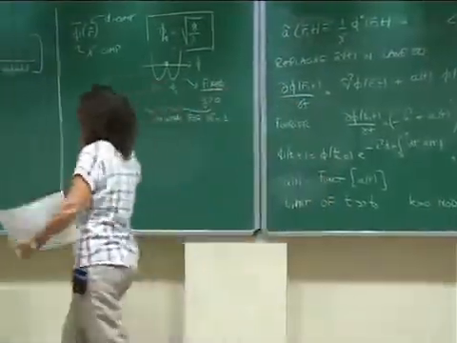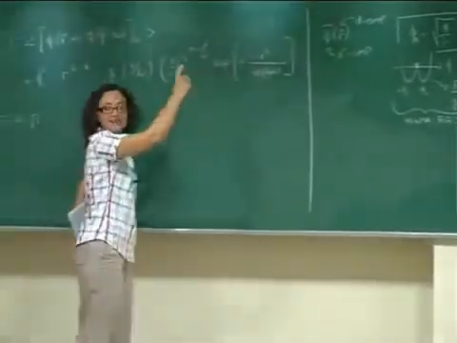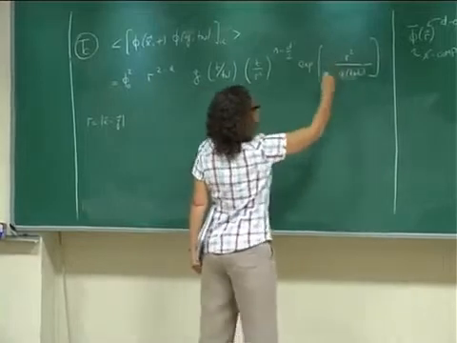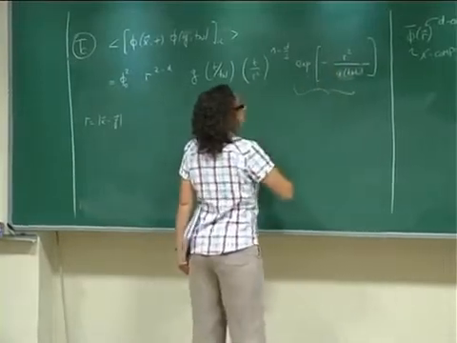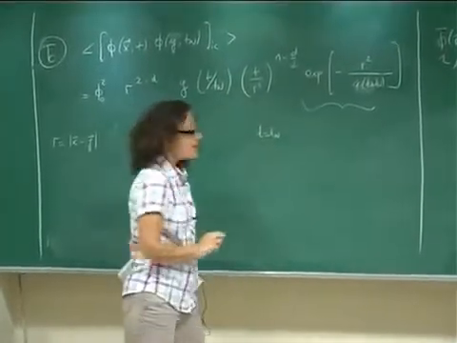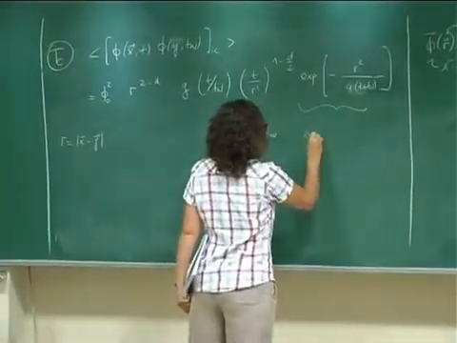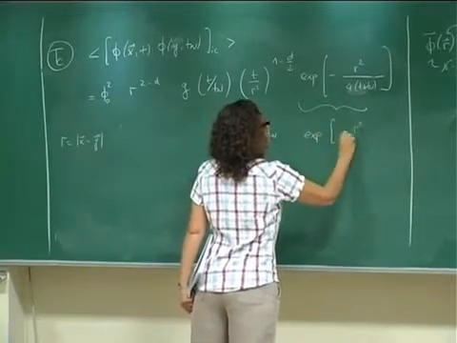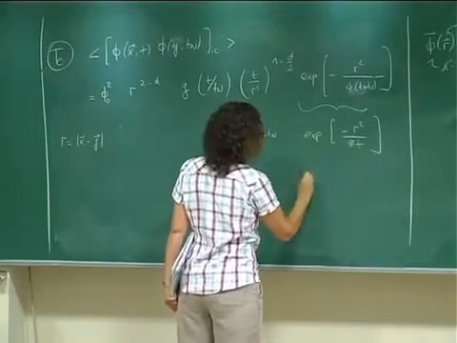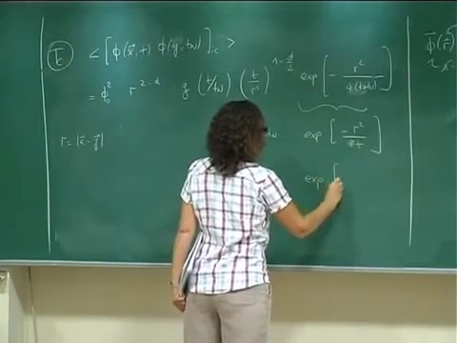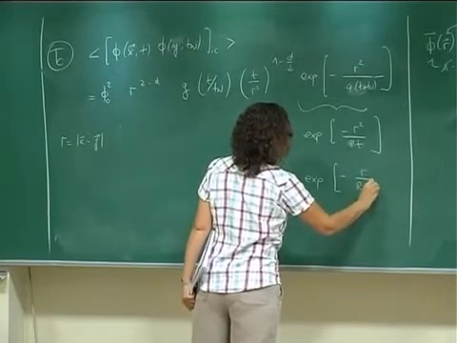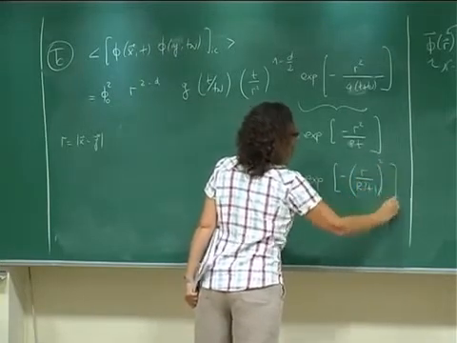So what I read exactly from here, the fact that I have an r squared over time, is that if I want to write this term, let me look at it at t equals to tw to make it simpler. So at that particular value of times, I have r squared over 8 t. So remember the scaling I was discussing the other day. I have to have a function of r over r of t, well, in this case, r squared.